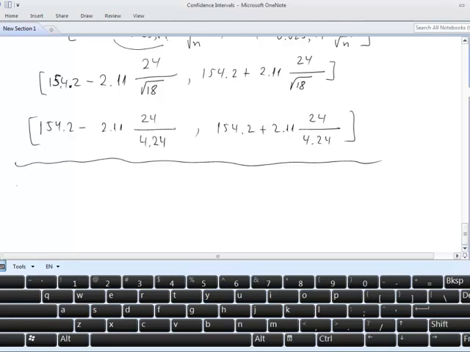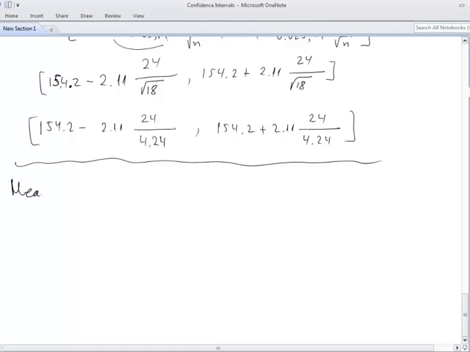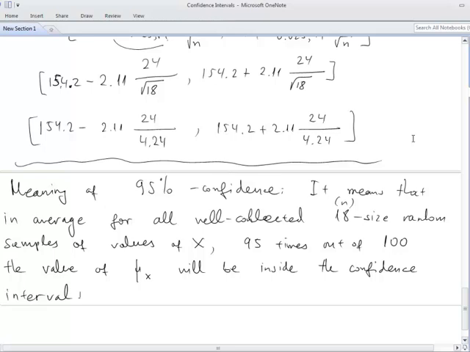It means that on average, when you have well collected, correct samples of the same size n, here 18, of the values of the random variable that you study, in 95 out of 100 intervals the value of the mean of the random variable will be inside those confidence intervals. But you don't know which ones they are.